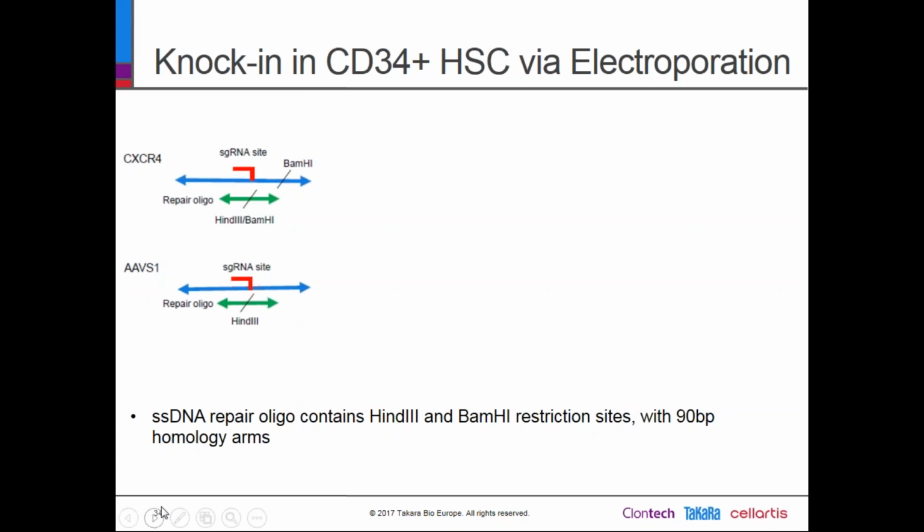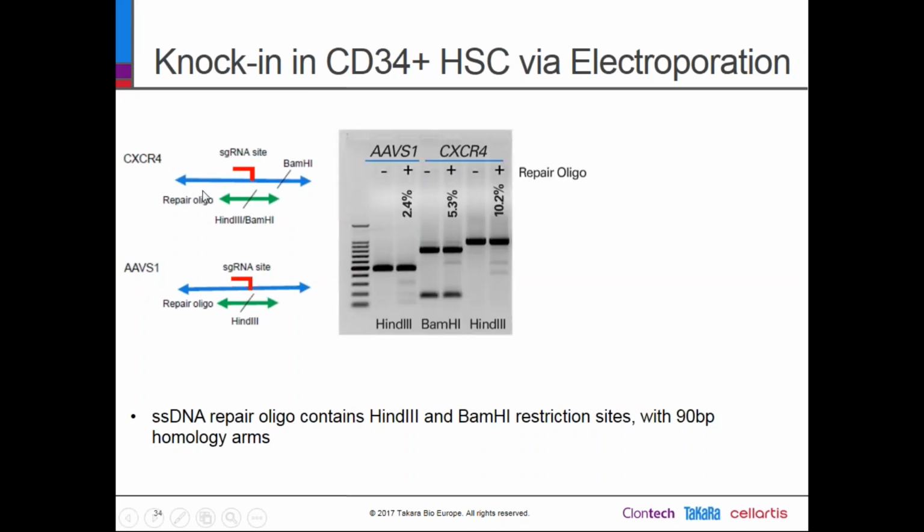So what we did here is we used a single-stranded DNA repair oligo with either HIND3 or HIND3 plus BAMH1 restriction sites. And the repair oligos had 90 base pairs homology arms. And we could achieve 2 to 10% knock-in efficiency as shown here by these restriction bands that appear.